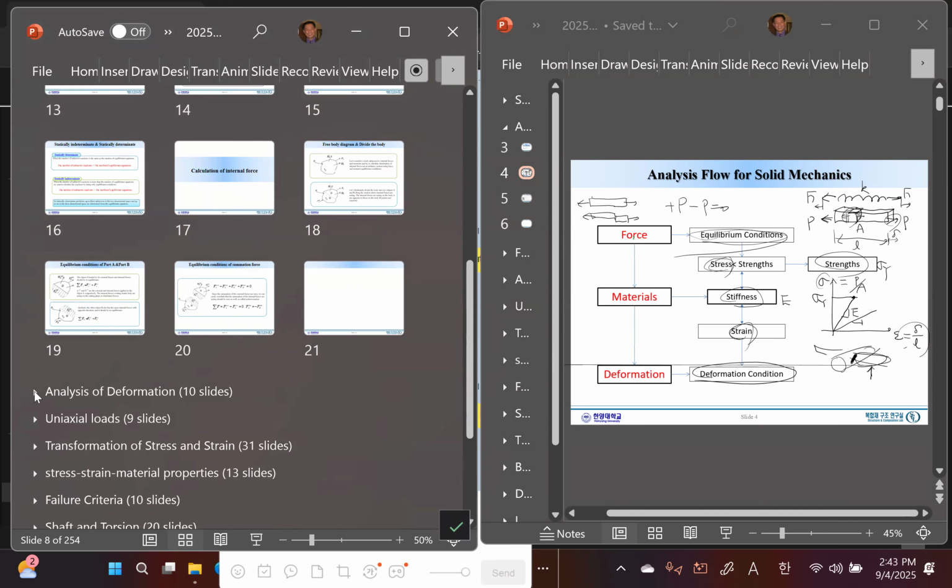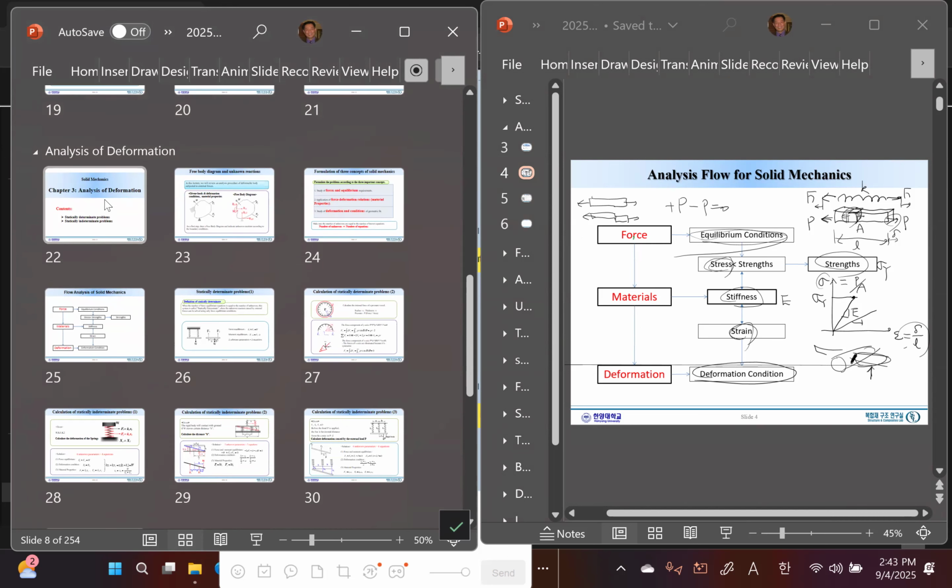And then analysis of deformation. What is the analysis of deformation? Well, we have a subject regarding deformation and deformation conditions. Actually the deformation itself has nothing to do with the force, but the deformation is usually caused by the load, while the analysis or definition of deformation has nothing to do with the forces.